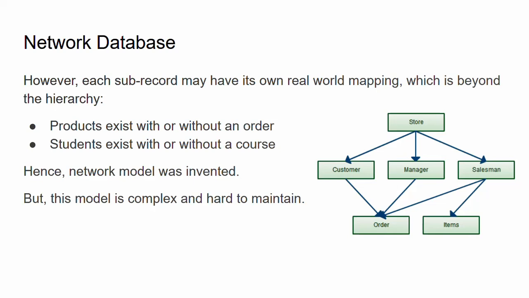So how do you clearly define the relationship between different components in a simple, easily understandable way, without losing any real-world relationship? So the network data model is usually considered too complex and hard to maintain.